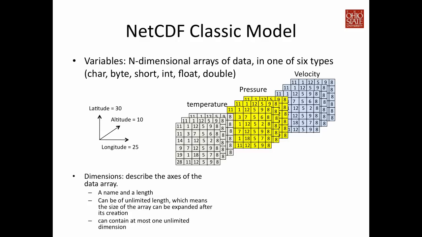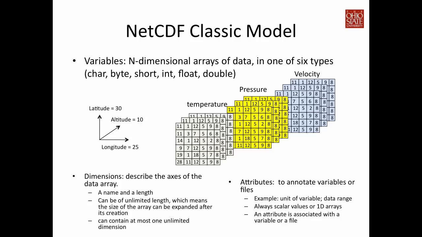A dimension can also be of unlimited length, which means you do not have to declare the length in the beginning. The array along that direction can be extended after it is created. In the classic model, it can only have at most 1 unlimited dimension, but later in the enhanced model, that is NetCDF 4, you can have multiple unlimited dimensions.